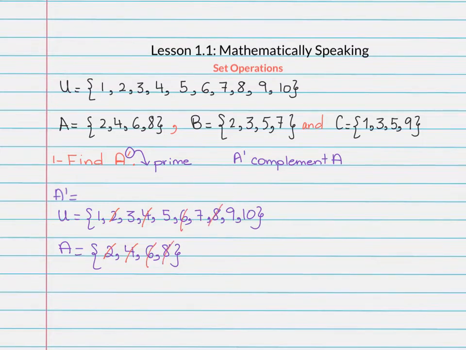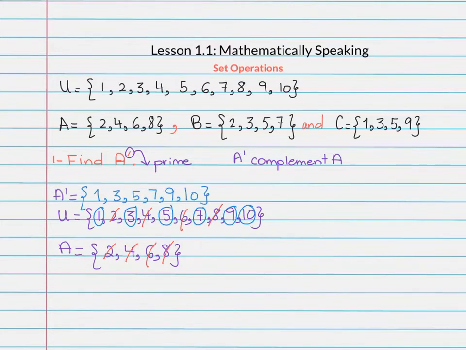Now what is left? The elements that are left in the universal set are the elements of A prime. So A prime contains 1, 3, 5, 7, 9, and 10.